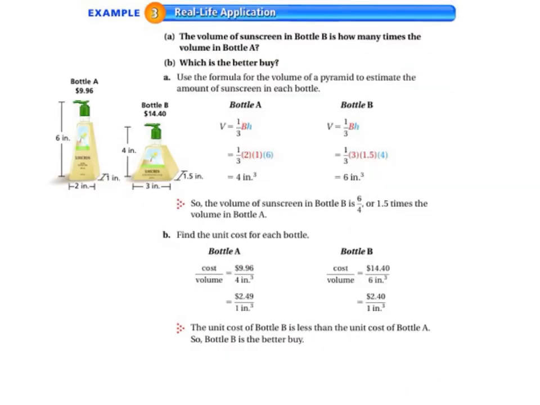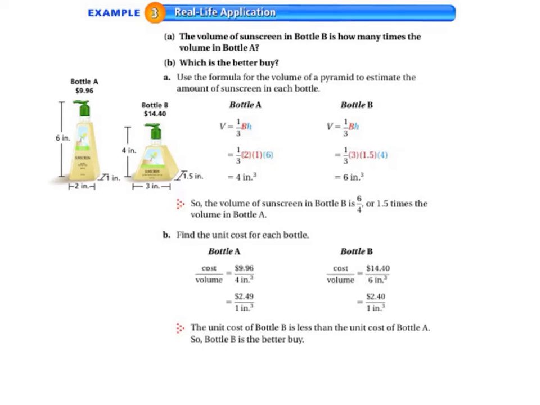Moving on to page 313, example 3, a real-life application. We have letter A, the volume of sunscreen bottle B is how many times the volume in bottle A? And then letter B asks, which is the better buy?